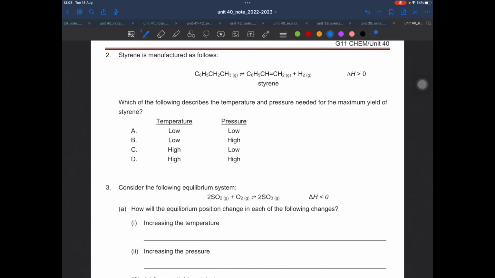So what about this one? Now, I need maximum yield of styrene. That means I want this to be higher. That is, I want more forward reaction. Okay, forward reaction is positive. That is aircon, right?